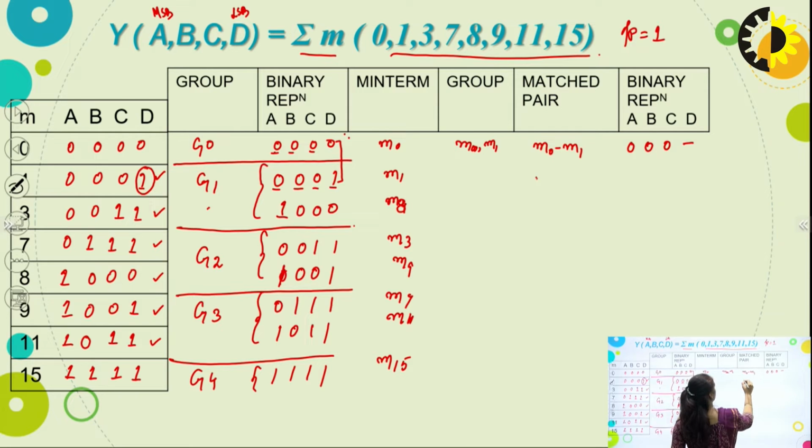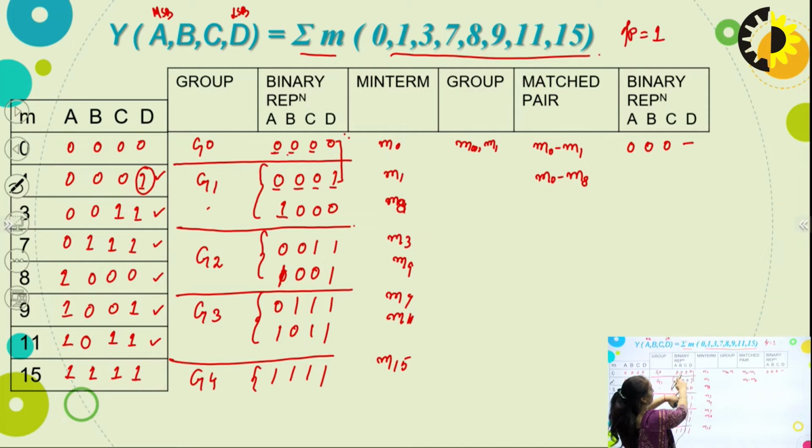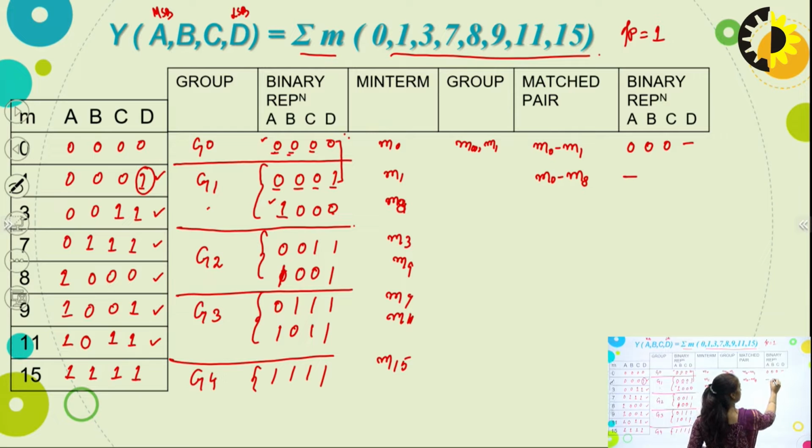M0 is compared with M8, and by comparing these two, we can see that these three values, B, C, D values, are same, and this and this are different. So I can remove this. So I can write it as A removed, 0, 0, 0, right? So in this way, we are going to compare all these values. This is for my group 0.